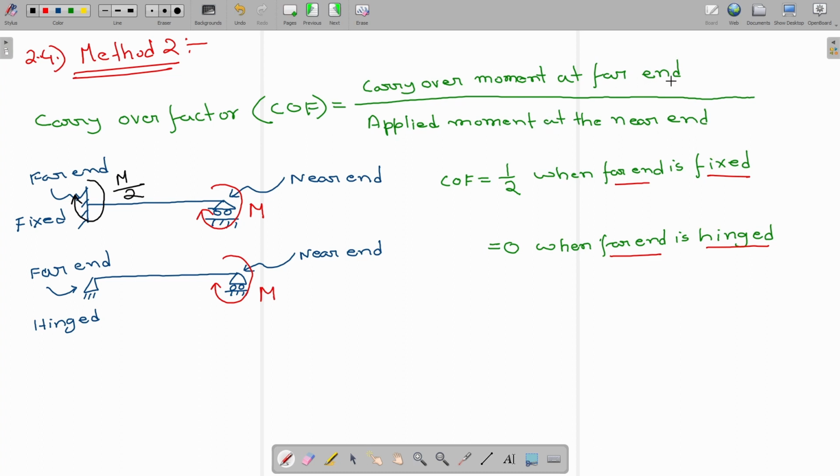Therefore, carryover moment at far end will be equal to carryover factor into near end moment.